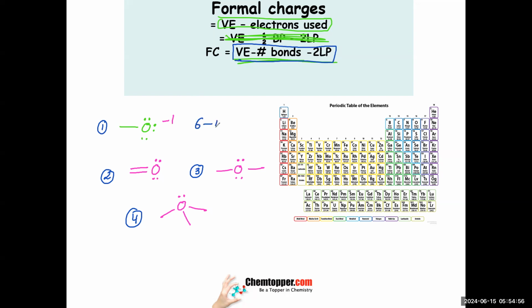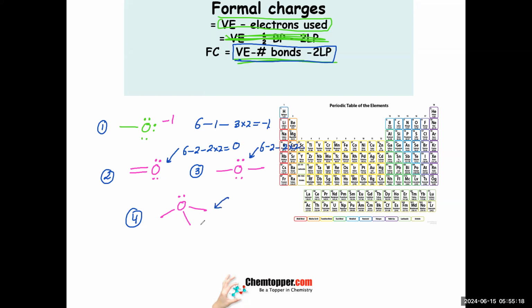6 minus 1 minus 3 times 2 is -1. In this case, 6 minus 2 minus 2 times 2, 0. In this case, same situation: 6 minus 2 minus 2 times 2, 0.